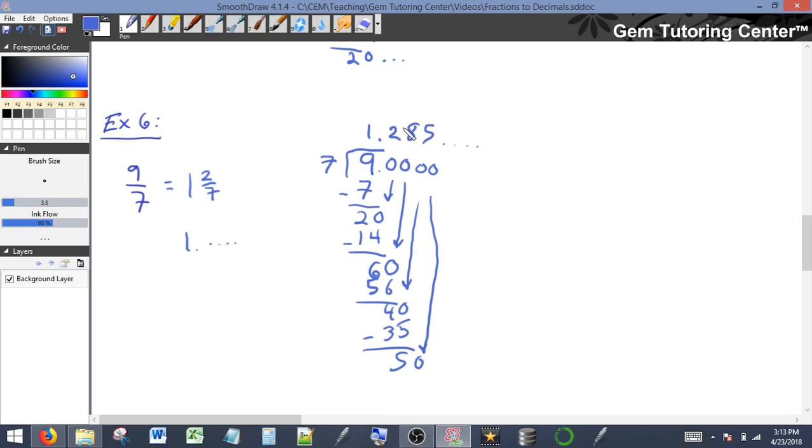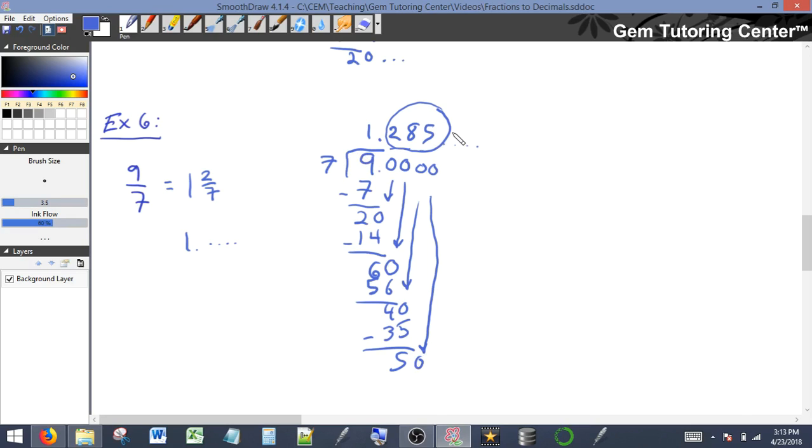But this is how. And usually when we convert fractions to decimals, we usually go to the first 3 decimal places. And we usually round off the next one. So what I mean by that is this 50 is here, right?